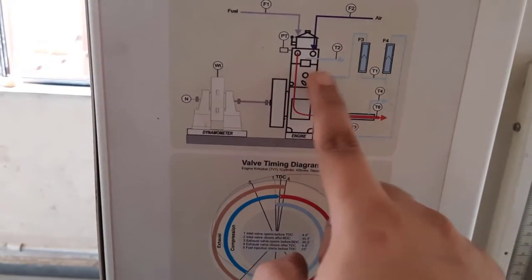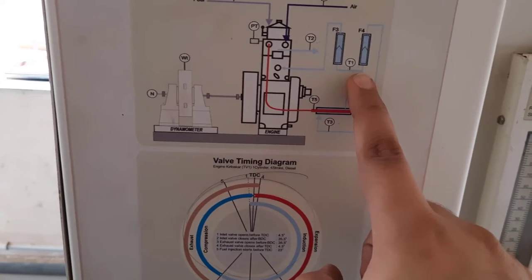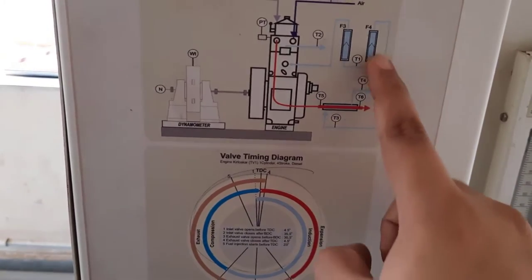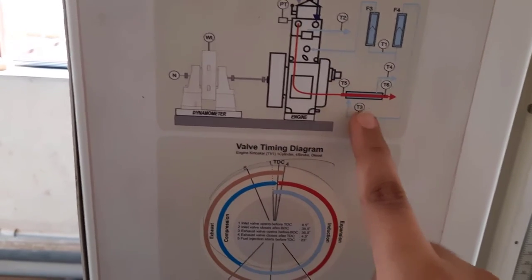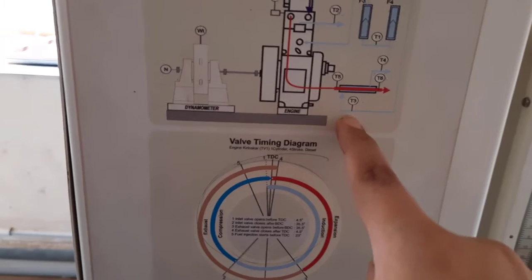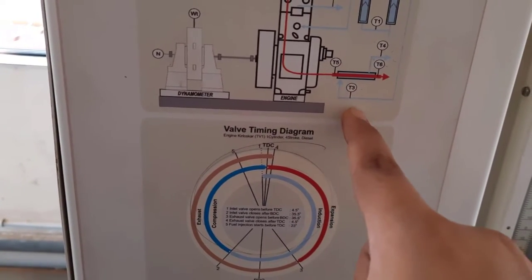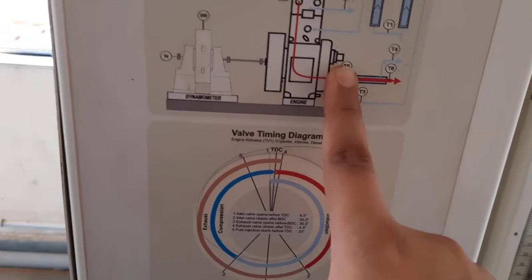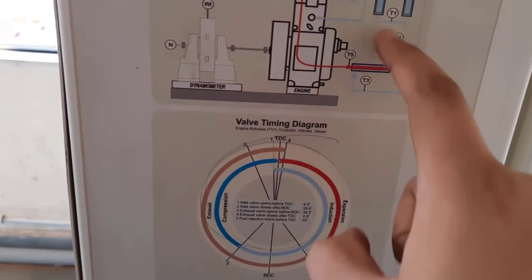And what is F4? F4 is measuring the flow rate of coolant water into the calorimeter. From here, the coolant water is going into the calorimeter. T3 is the temperature of the coolant water which is going into the calorimeter. T1 will be the same as T3.